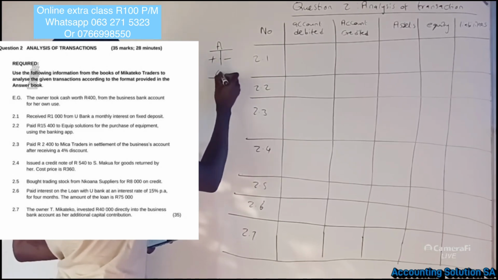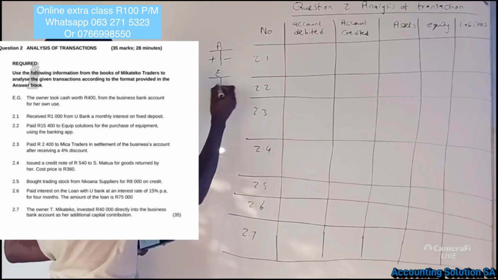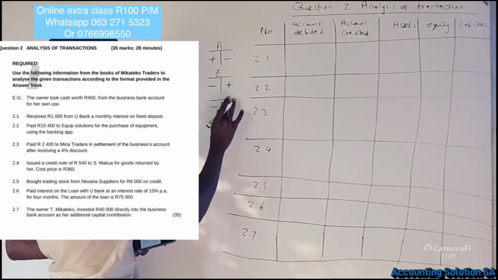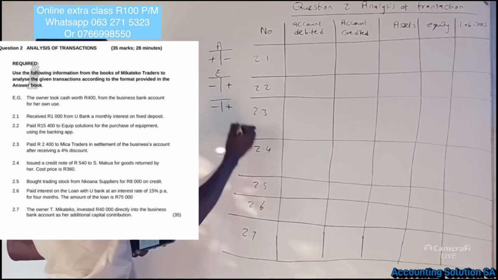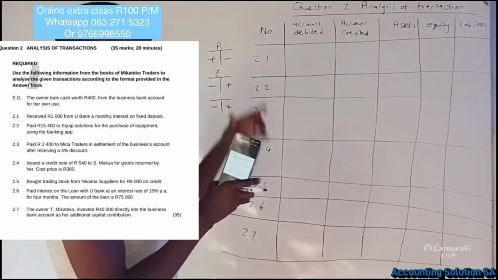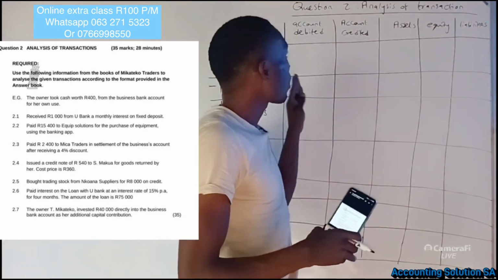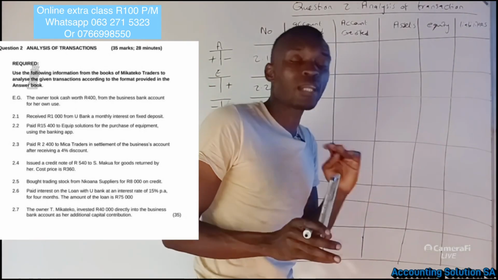Equity increases on the credit side and decreases on this side. Liability is the same as equity. It's minus and plus this side. This principle is very important because it's the one that is going to guide you on which one you are going to debit and which one you are going to credit.